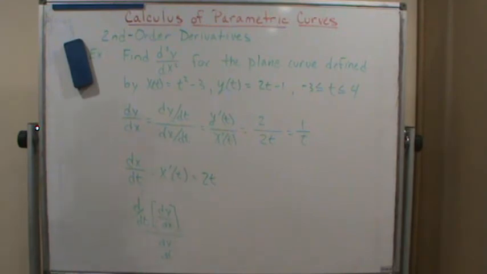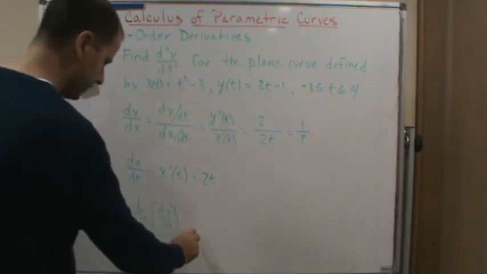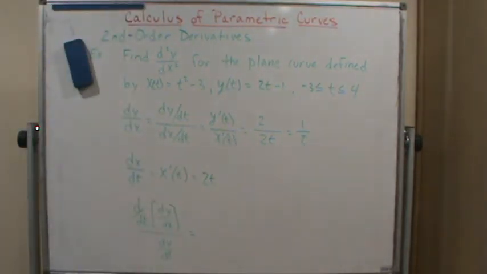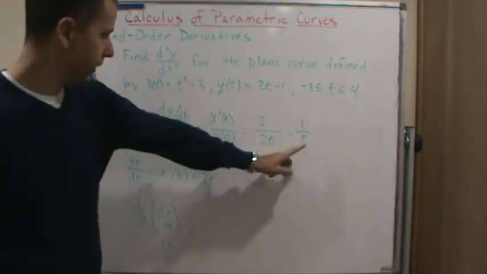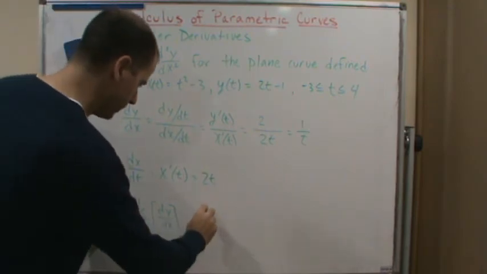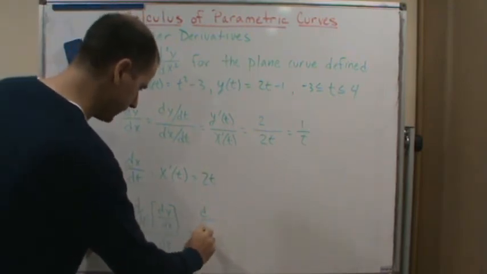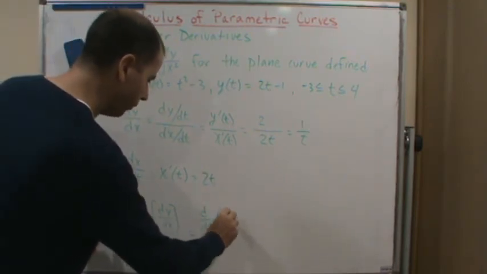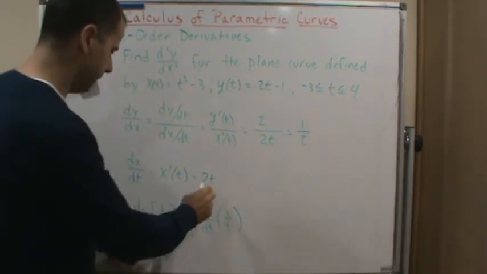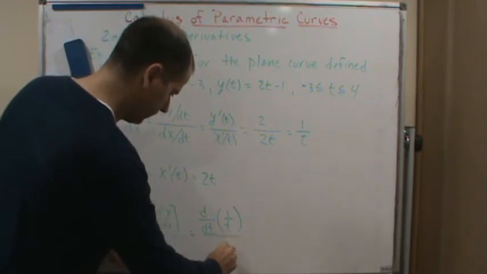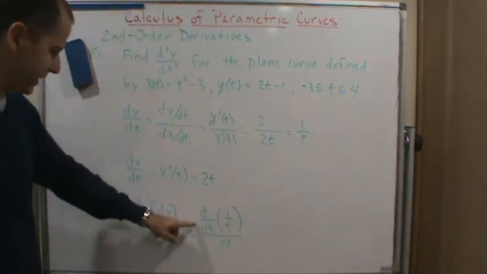So now, this here, we just have to plug in the information. dy/dx is 1 over t, right? So we're taking the derivative with respect to t of 1 over t. dx/dt is just 2t. So what's the second derivative?